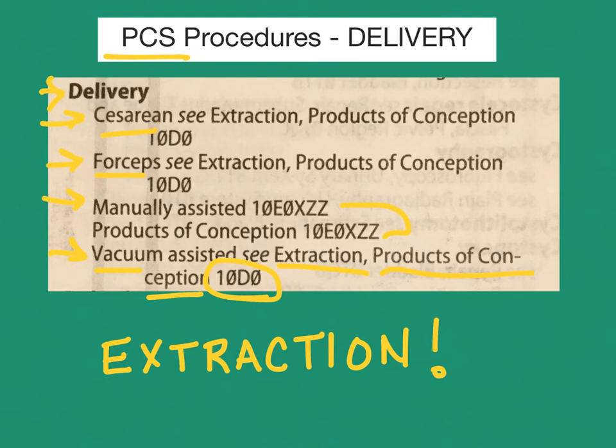So the use of force would be the forceps or the vacuum to help assist with the delivery. Even a C-section involves that pulling out using force, even if that force is manually given. So again, extraction, the root operation, and then the products of conception will be that body part character for those extraction codes.